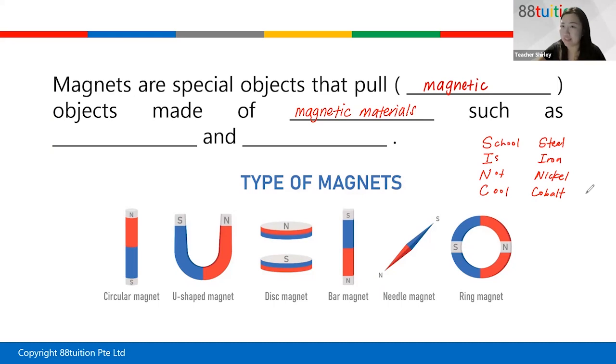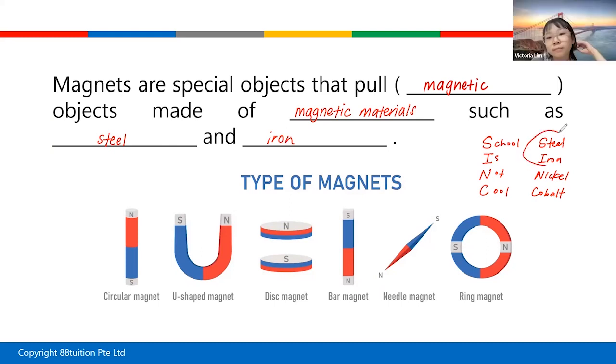Copper is not a magnetic material, it's cobalt. But you only need to know steel and iron. It used to be four of them, but they cut down a little bit. The new syllabus only expects you to know steel and iron. That's all.